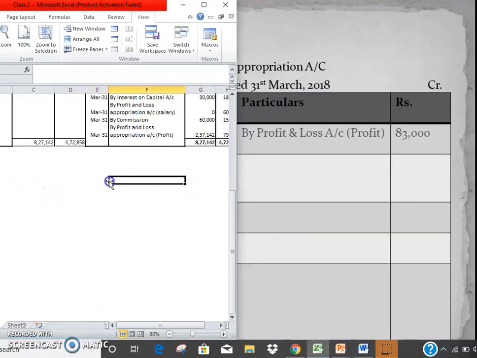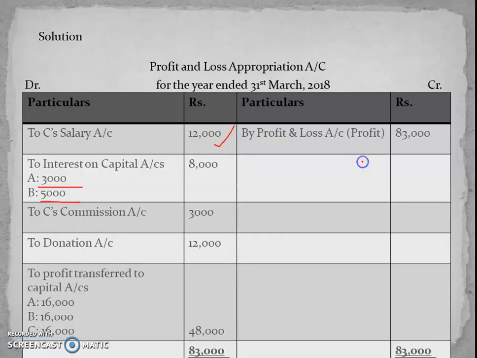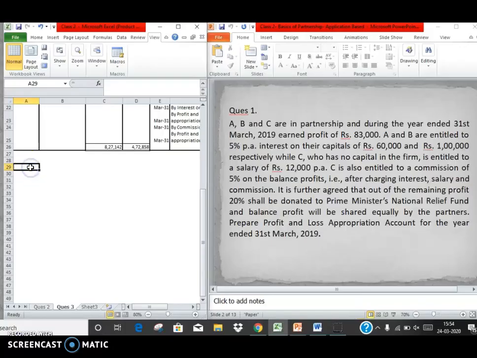the question, what it is saying, so I'll minimize the screen for you. Now you can see in the question it is clearly mentioned what is A's capital. A's capital is 60,000.